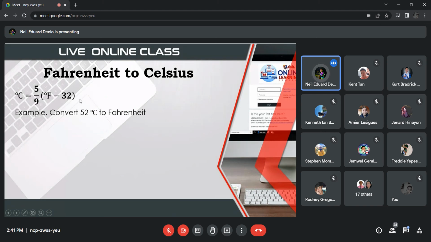Okay, so all we have to do is to, wait, dapat Fahrenheit to Celsius, no? Wait, I think this is a typo error.